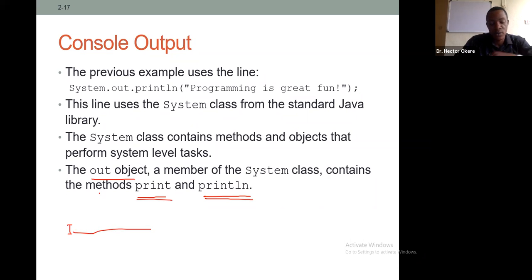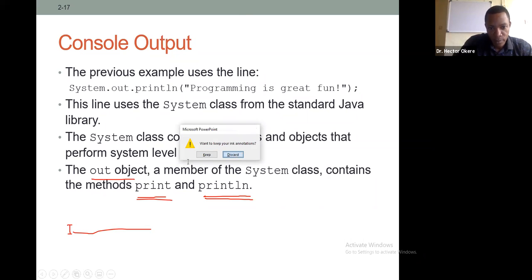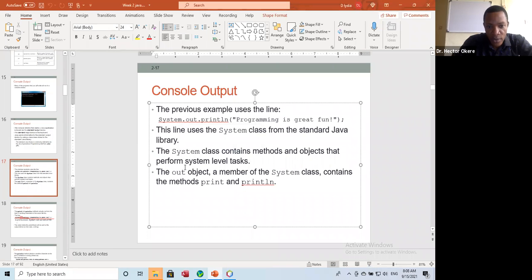Let me give you a clean example. Can you see this blinking point here? This is a cursor, okay? If I want to write anything, I will write it right beside that cursor.